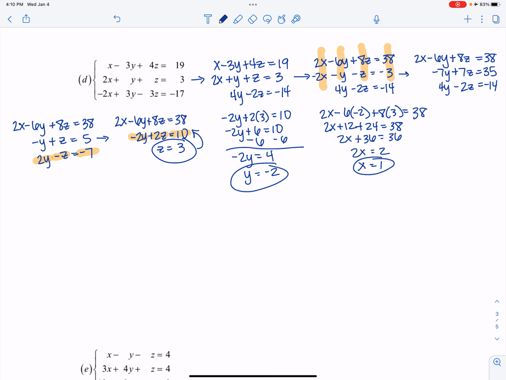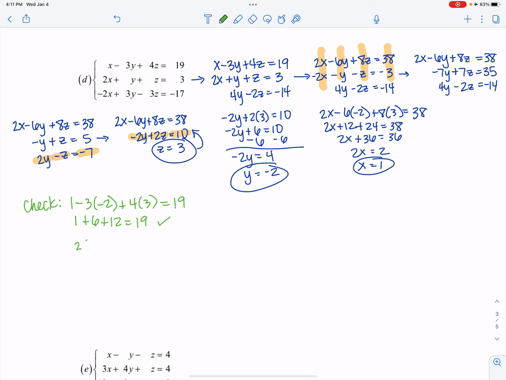And now that we have all three values, we need to check our answer. So we'll check the first one. We go 1 minus 3 times negative 2 plus 4 times 3 needs to equal 19. 1 plus 6 plus 12 equals 19, and yes, that checks.